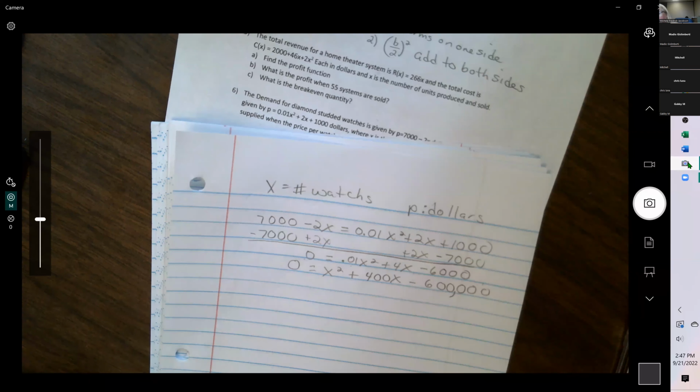Now you could solve it by factoring. But I think quadratic formula would be easier. Any questions on it?